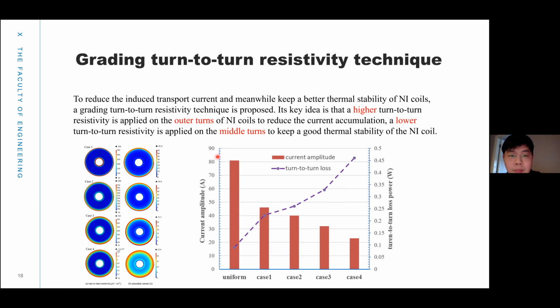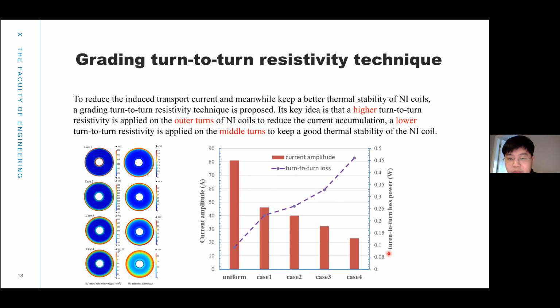The key idea is that we use a higher turn-to-turn resistivity on the outer turns of the NI coil to reduce the current accumulation, and a lower turn-to-turn resistivity in the middle turns to keep good thermal stability of the NI coil. From the left-hand side figure, we applied different turn-to-turn resistivity, and we found the maximum current distribution is improved.